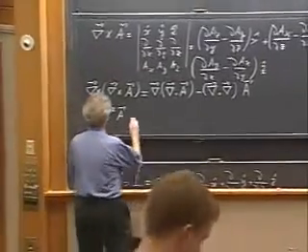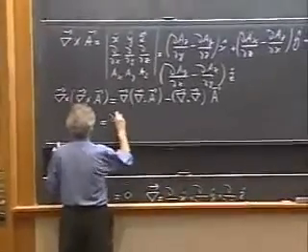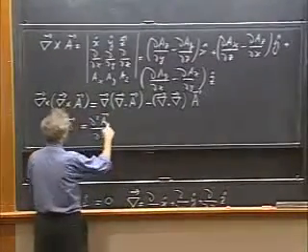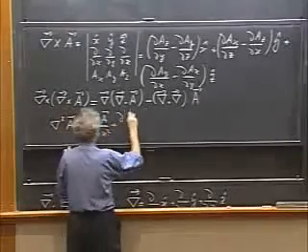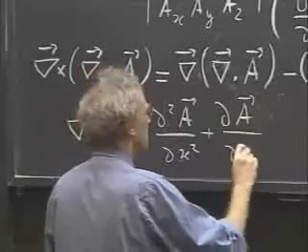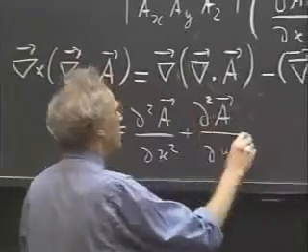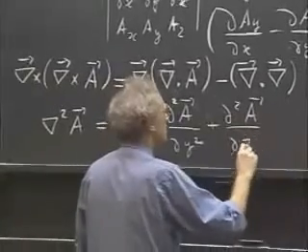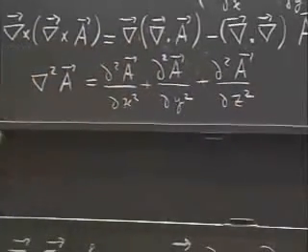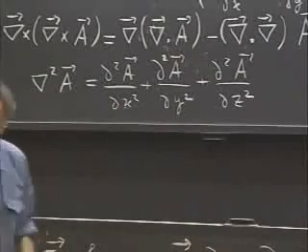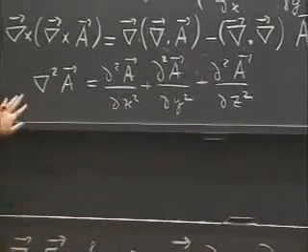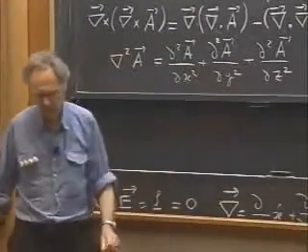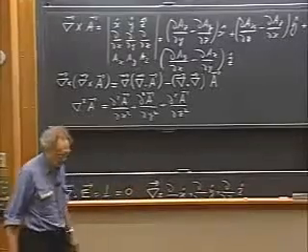And so the del squared of a vector is d2a dx squared, the whole vector, plus d2a dy squared plus d2a dz squared. And this has 9 terms, because this has 3 terms, this has 3 terms, and this has 3 terms. I will do the first one, and then you have to do the others.